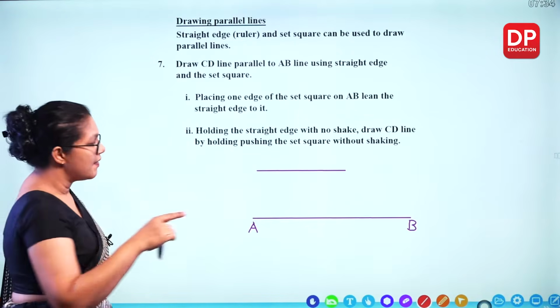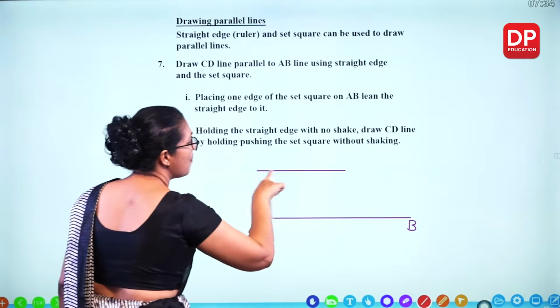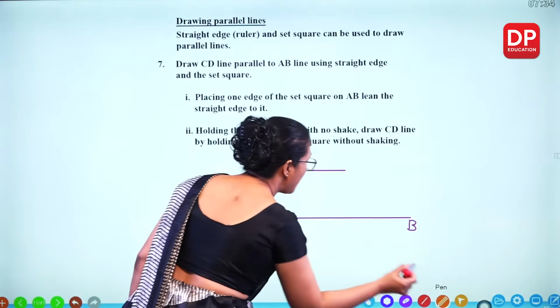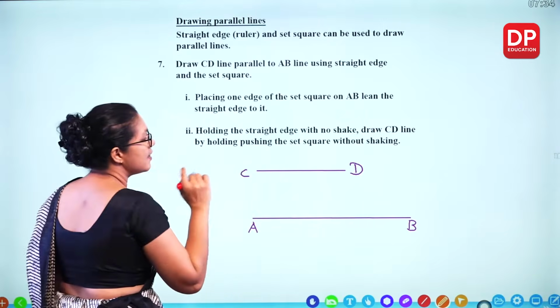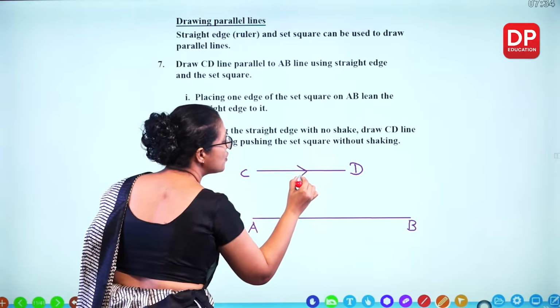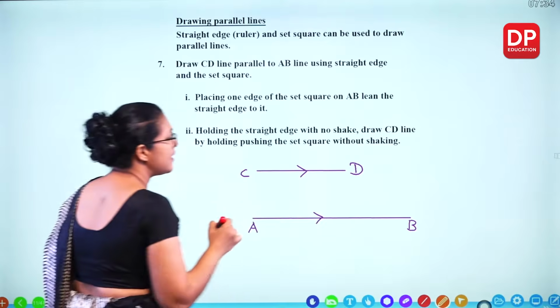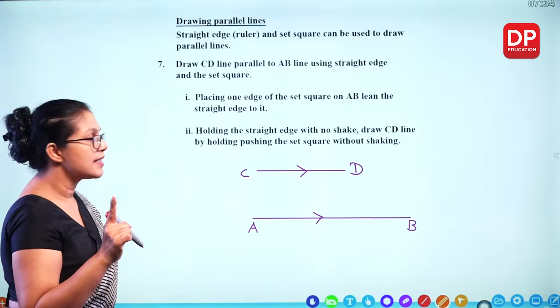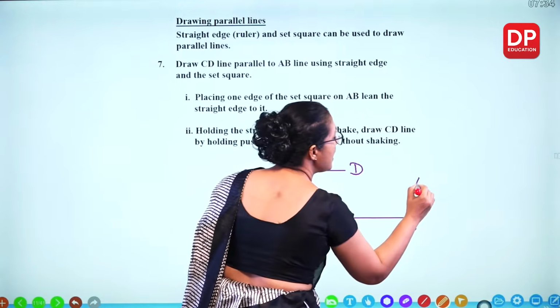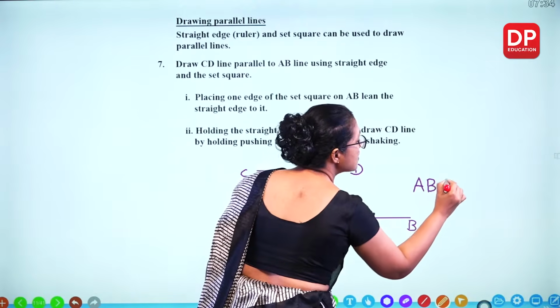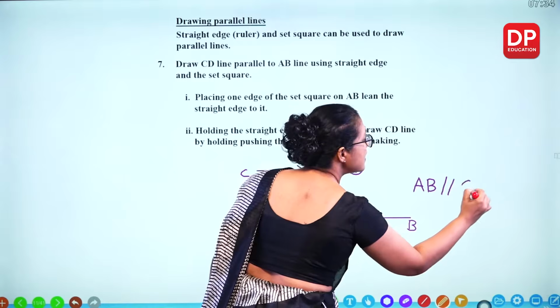Now see, this line is parallel to this one, and I can label this as CD. After you draw that, you can put two arrows like this to show that these two lines are parallel. So I can write AB is parallel to CD line.